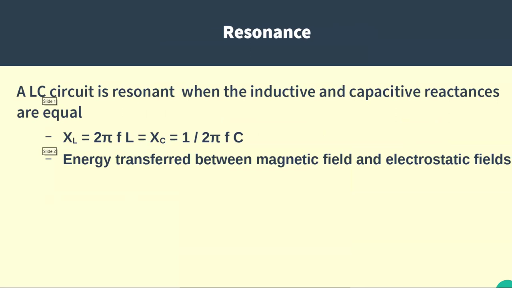And like I said before, a circuit composed of an inductor and capacitor is resonant when the reactances of the capacitance and the inductance are equal. And those are the two formulas again, and they're equal.